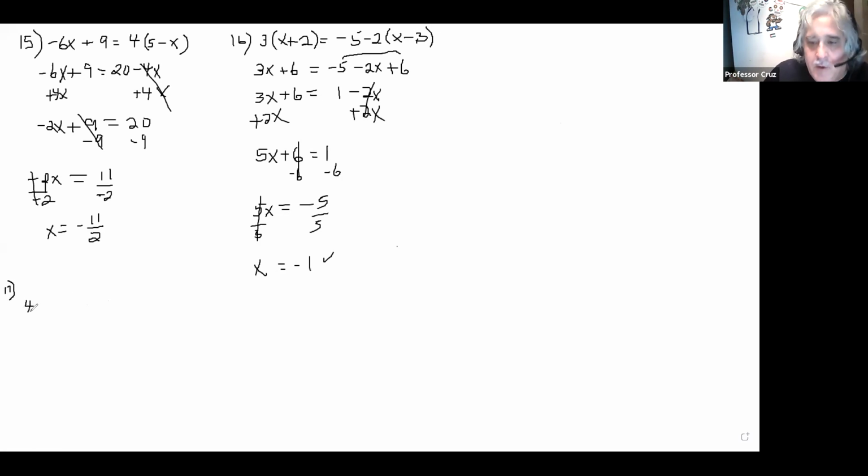If you like working with fractions, like finding the common denominators and then adding and subtracting, you'll have to do it a couple of times. That's fine, but I'm going to show you how to eliminate any fractions.